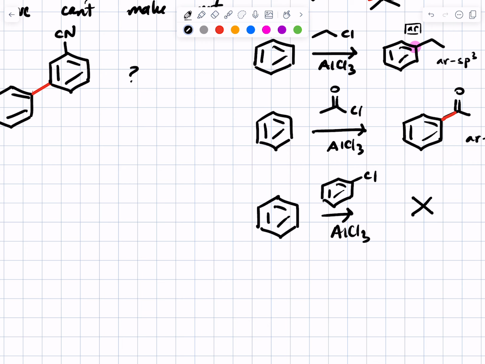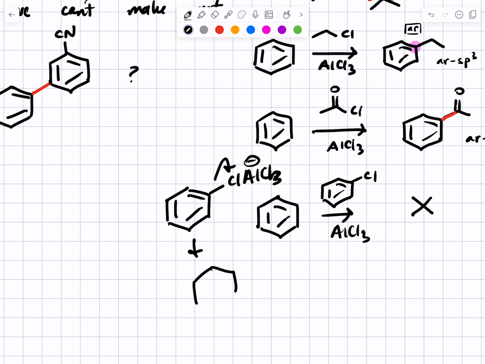You learned that way back in 351, right? Do we ever have a leaving group leave from a benzene ring? Let's even put the activating Lewis acid on it. Do we ever have a leaving group leave from a benzene ring to give a localized positive charge? No. And that's been an exam question before too, where that was an unreasonable intermediate. Actually, that was a question about which molecule reacts fastest in an SN1 reaction.